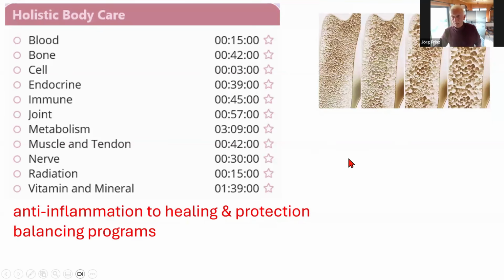Bone is a program that, if you have enough of the building blocks in your body, helps to remineralize the bone. So that's calcium, and you need vitamin K for that, specifically vitamin K2.